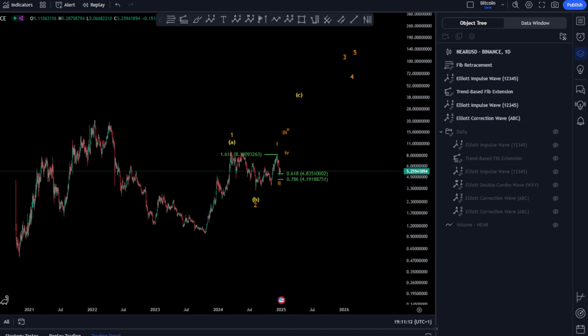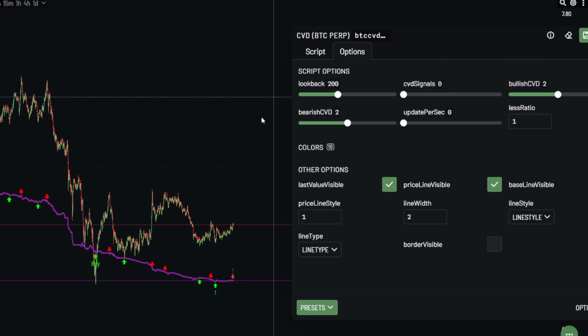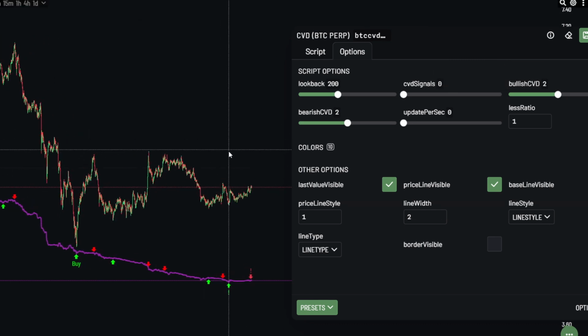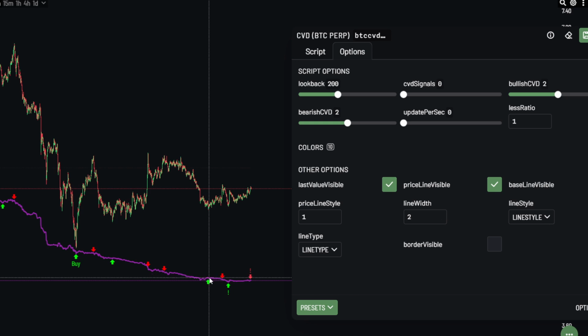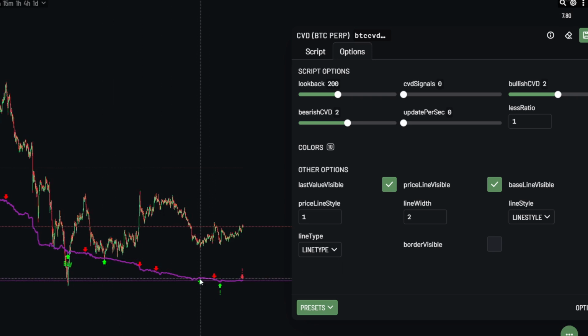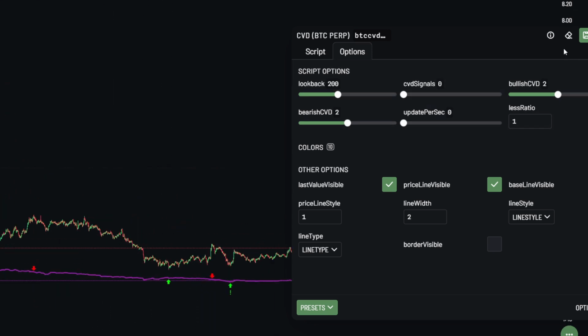So let's take a look as well at the KGT for Near. We have, of course, a version for it on KGT. As you can see, on the 200 lookback we have a buy signal, right? And we have some divergence already from the last one.